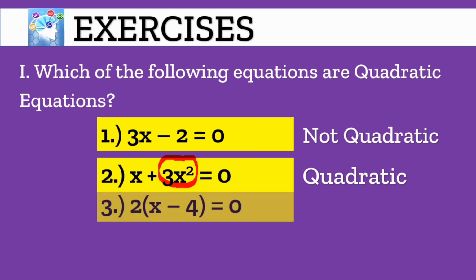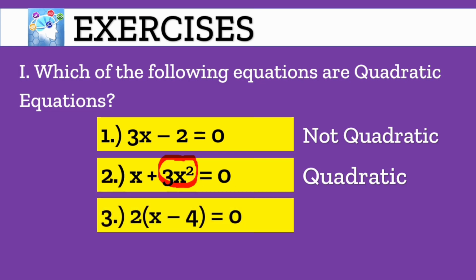Next, number 3. 2 times the quantity of x minus 4 is equal to 0. Is it quadratic or not? The answer is not quadratic. Even though we multiply this, 2 times x, the answer is 2x. The product of this is not a quadratic equation.